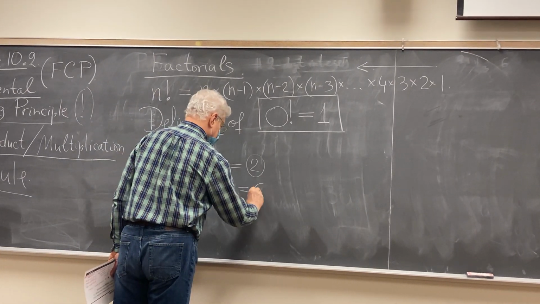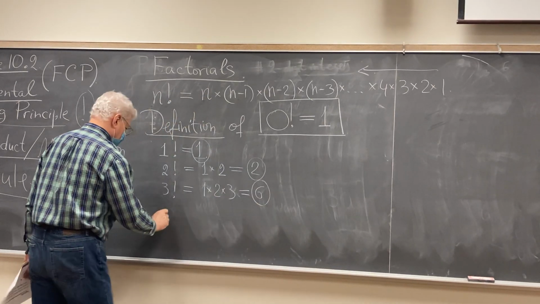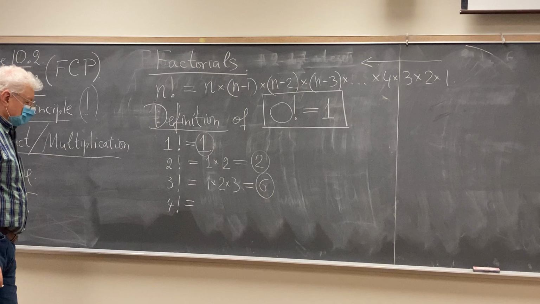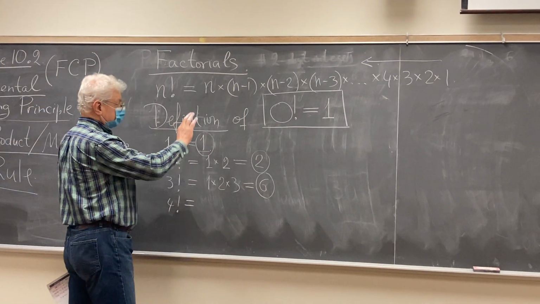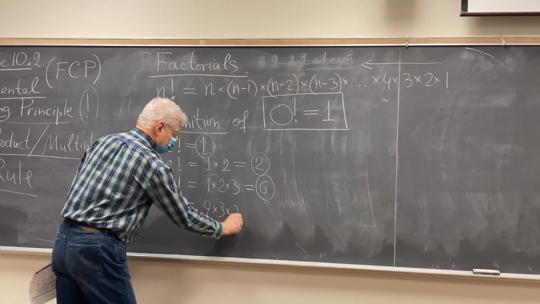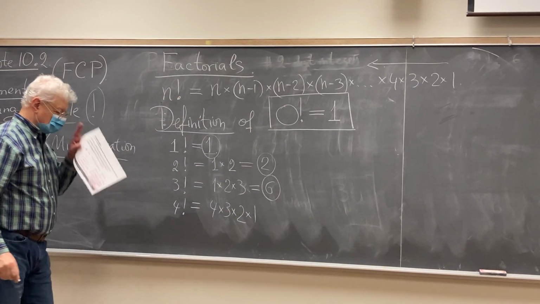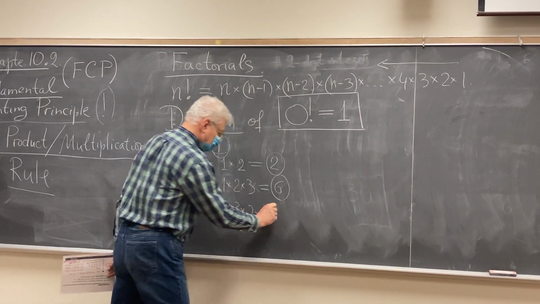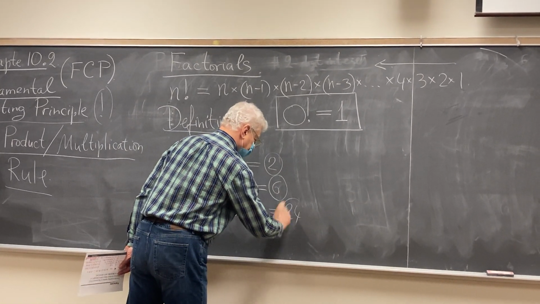This is just 6, also a small number. 4 factorial. Let me just write it now in the normal way. So you start from 4 and end with 1. 4, 3 to 1. Then multiply 4 times 3, 12, times 2, 24, times 1 is 24.